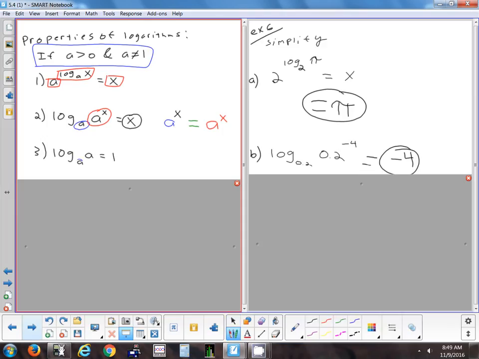All right, so let me circle some things. Base, argument, thing on the other side. Okay, let's change that into log form, exponential. Okay, what is my base? Yep, the one in blue. That's my base. Logarithm always equals what kind of number?